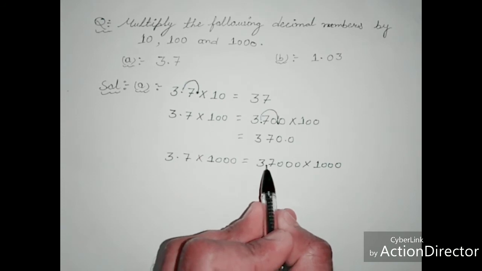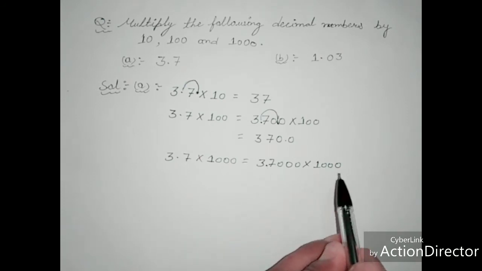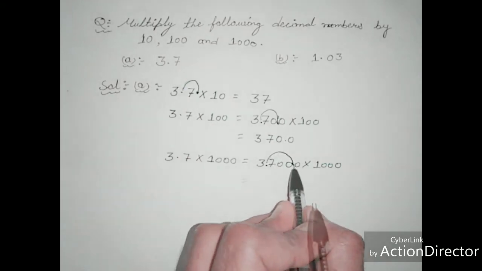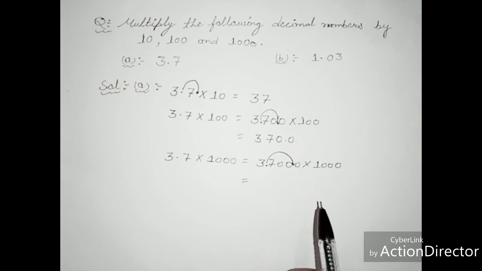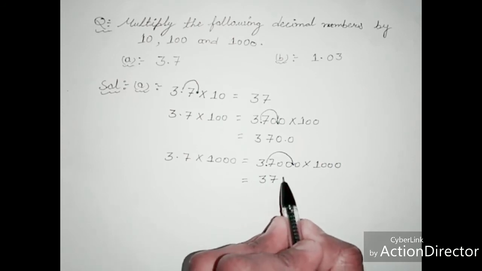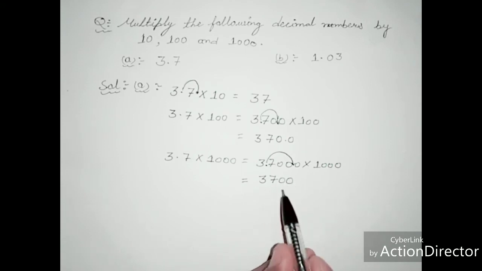So the decimal is here now, and when you multiply by 1000, this decimal shifts from here to here, to the right-hand side. So we get 3700. So when we multiply 3.7 by 1000, we get 3700.